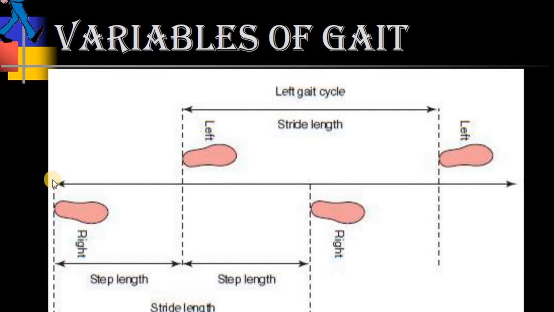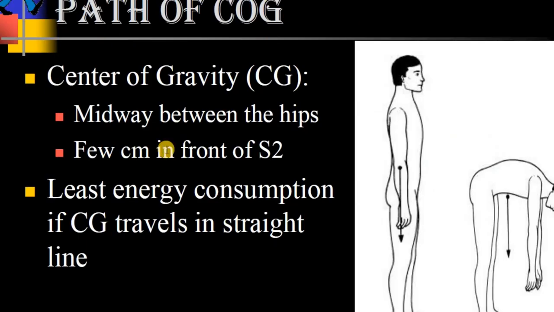So this picture gives you a clear picture of the left side of the gait cycle and the right side of the gait cycle. Each side's step length, and what is the stride length on the left and right sides together. The path of the COG. The center of gravity is midway between the hips and a few centimeters in front of the second sacral vertebra. It is located here.